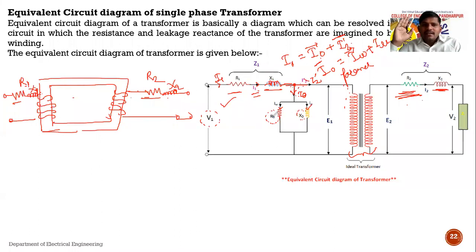So we are simplifying the network, or simplifying this diagram by considering any one of the sides. So this side is nothing but a referred value, or this is called a referred side. We can also call it referring.